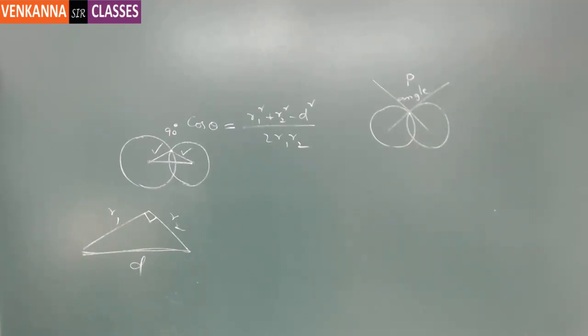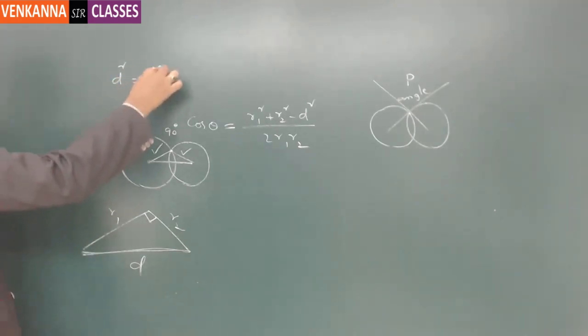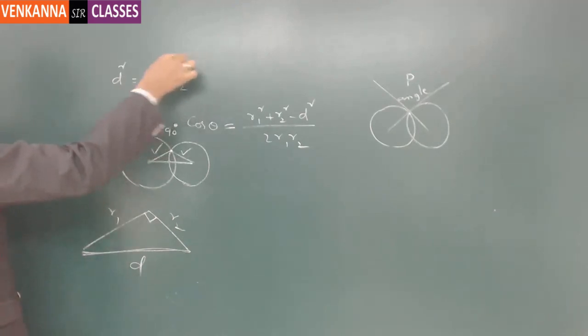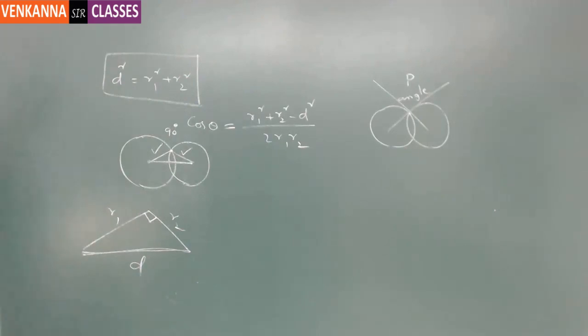So using the Pythagoras theorem here, distance between centers whole square equals radius square plus radius square. This condition we use to check whether two spheres are orthogonal or not.